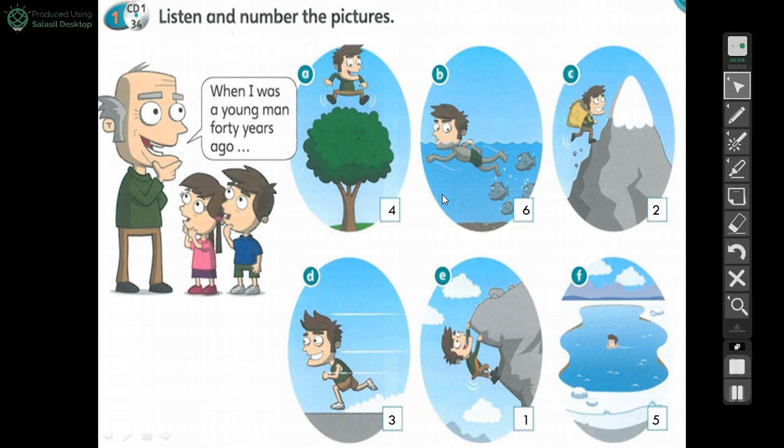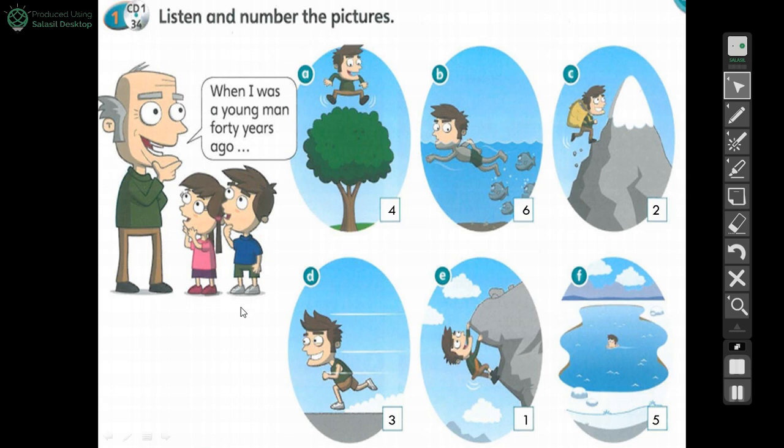Yes, picture number B. But what? but only when I was dreaming. But only when he was dreaming, not when he was awake. I couldn't do it when I was awake. Yeah, so he is laughing.